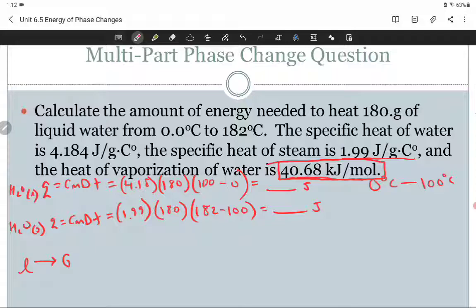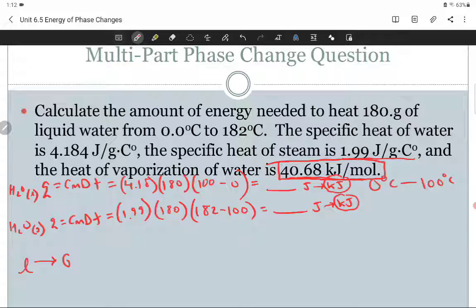So you're going to have to convert this into kilojoules, so that you can add this answer and our next answer, add those up.